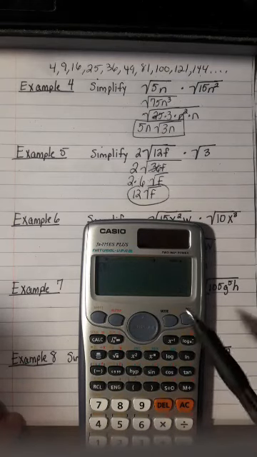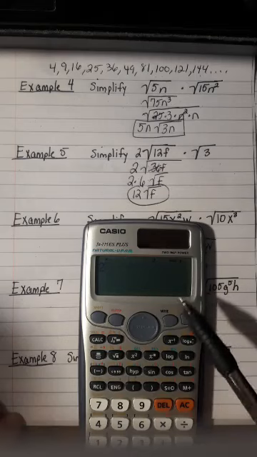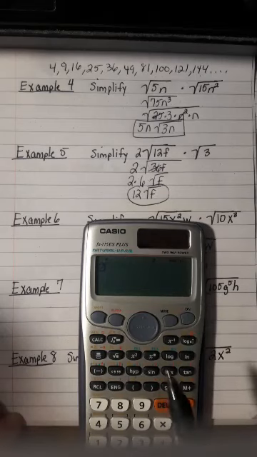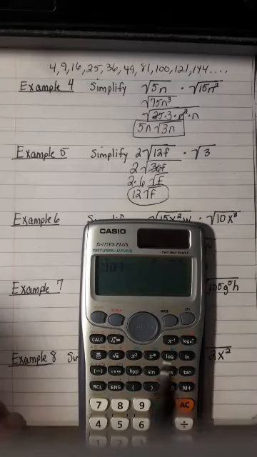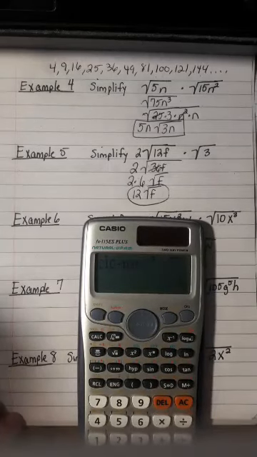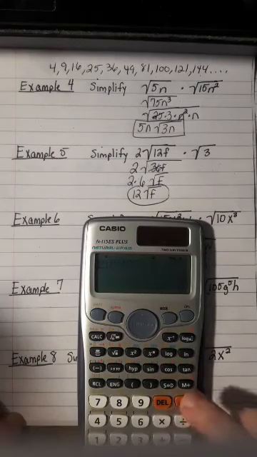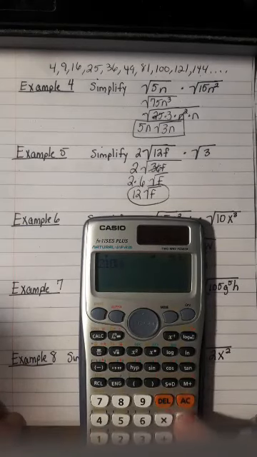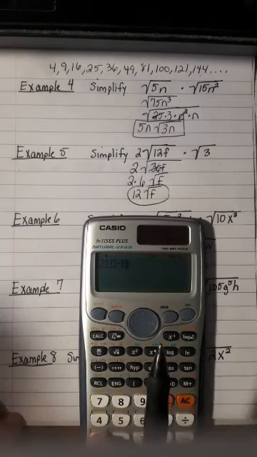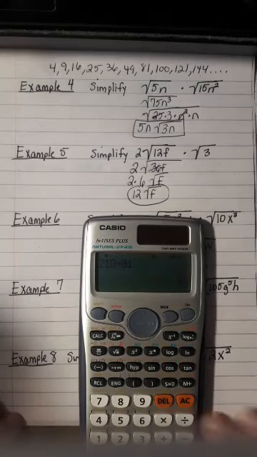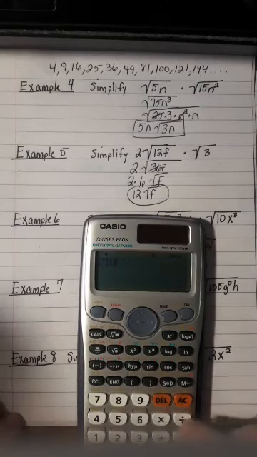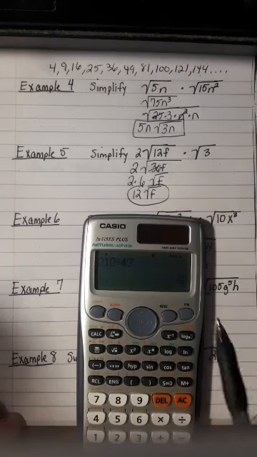And remember, your calculator may give you a decimal. If it's a decimal, then that means it's not a factor. So 210 divided by 100 is a decimal. 210 divided by 81, that's a fraction. 210 divided by 49, and I'm not going to keep going.